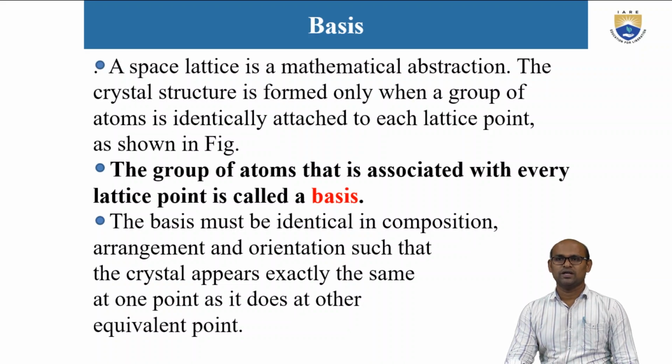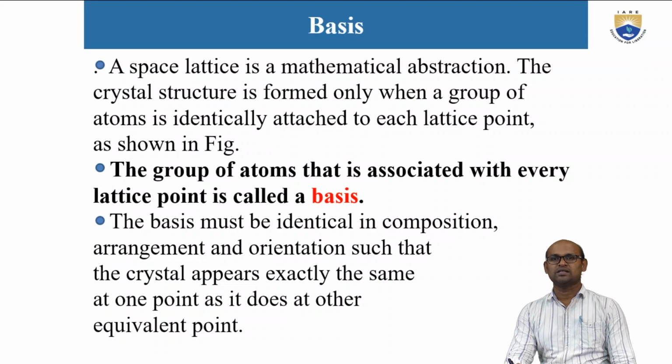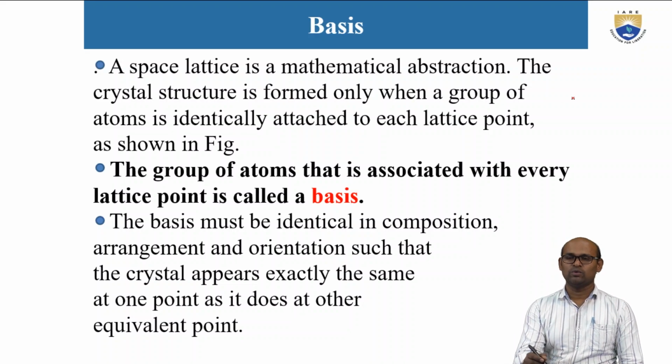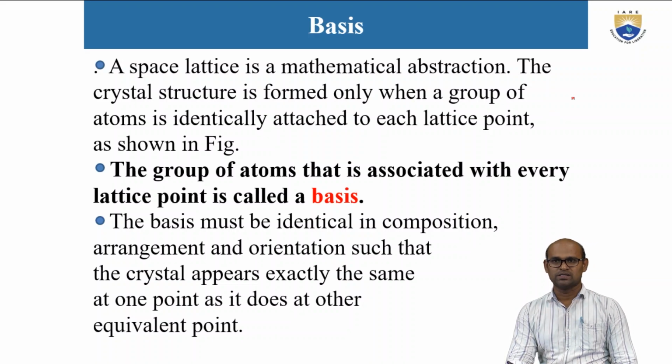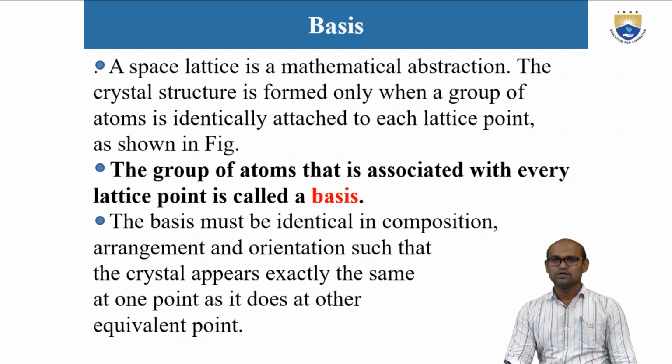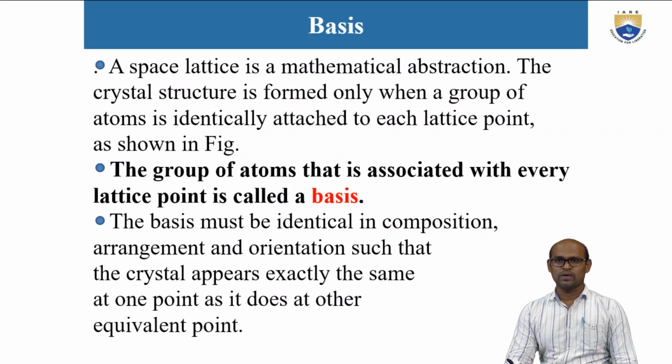The crystal structure is formed only when a group of atoms is identically attached to each lattice point. We have just generated a network of points in 3 dimensions, where the points are regularly arranged, and that is called a space lattice.